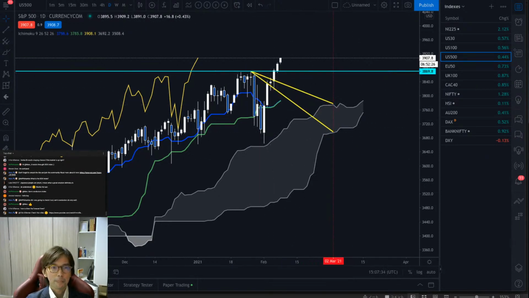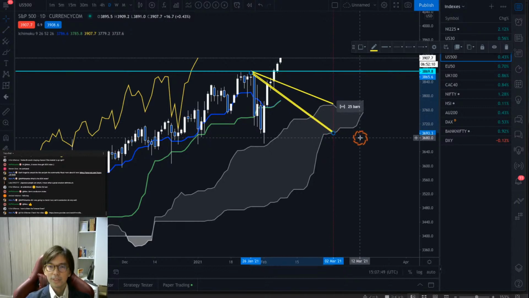So basically, you draw one line from this swing high to Senko span A like this, and also another line to Senko span B this way, and see how the market moves. And these are called forecast lines.